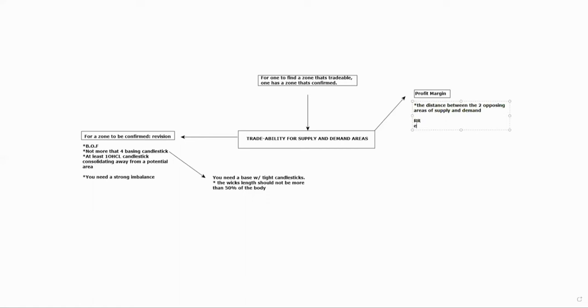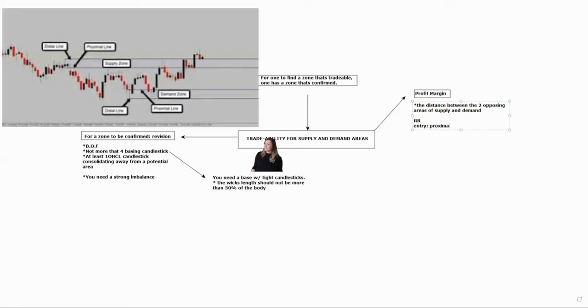You set your entry at your proximal line. I'll put up a picture so that you can see them. And then you place your stop loss at your distal line, or a few pips below that, right? Where do you set your take profit? You set your take profit at an opposing level.